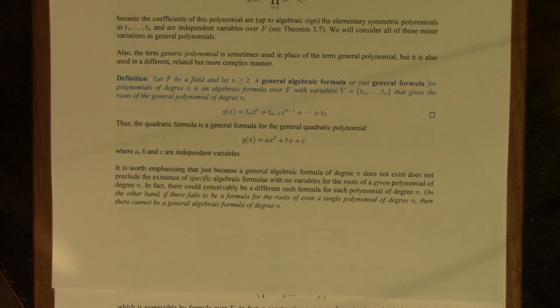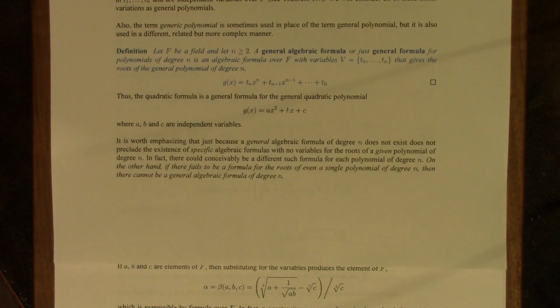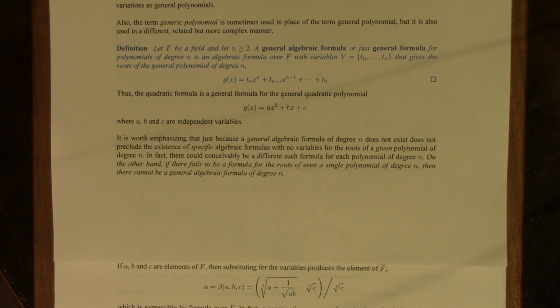We will show eventually that there is no general algebraic formula for polynomial equations of degree 5, but a given polynomial equation of degree 5 may have a specific algebraic formula for its roots. In fact, there could conceivably be a different algebraic formula for each polynomial of degree n.